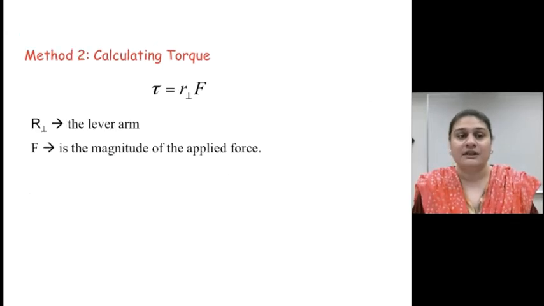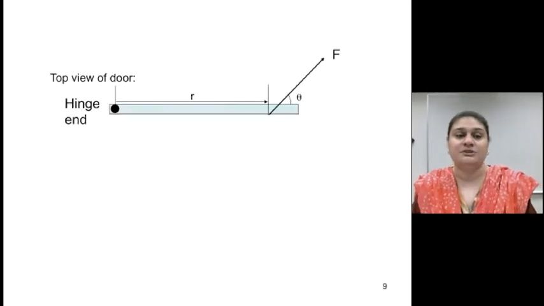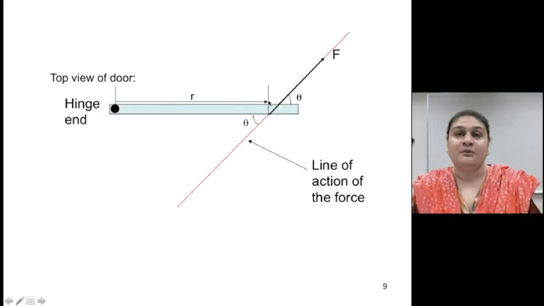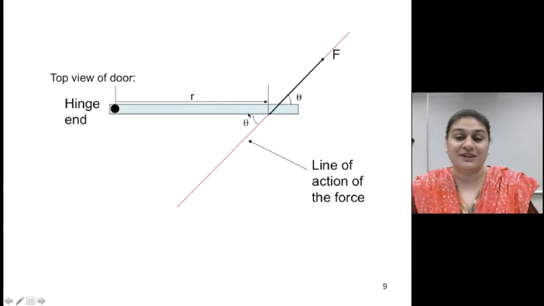On the other hand, the second method will be if you were to consider the lever arm to be the perpendicular one, and you leave the F as the magnitude of the applied force. In this case, same picture from before, now this is going to be your R. Note that this is not what your lever arm is going to be. What you'll have to look at is the line of action of force. So you know that if this angle is theta, this angle is also theta.